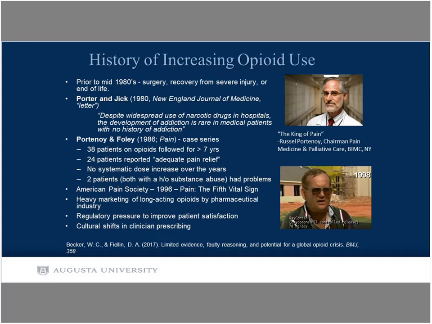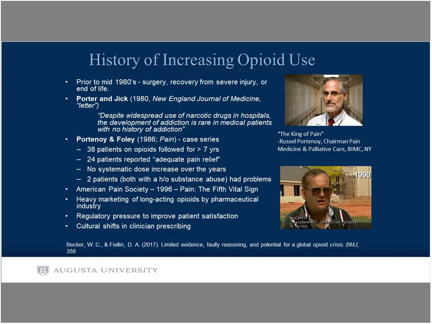In 1980, there was this little letter to the editor that was published by Porter and Jick in the New England Journal of Medicine, and I'll actually show you the letter to the editor on the next slide. But essentially, they concluded that the development of addiction related to prescription opioids was rare.